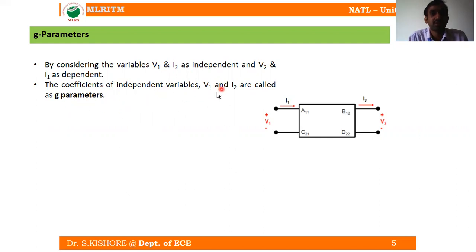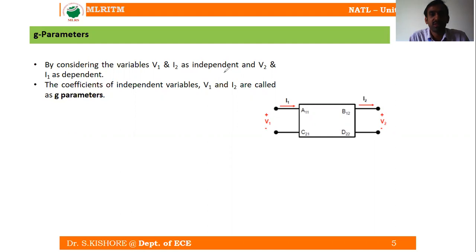What are the independent variables here? V1 and I2. So from the coefficients of these independent variables V1 and I2, we obtain the G parameters.